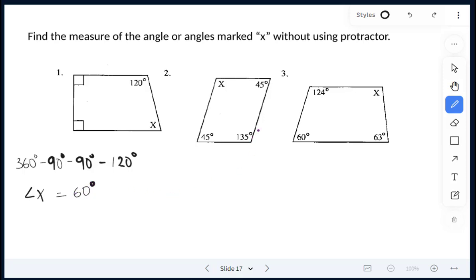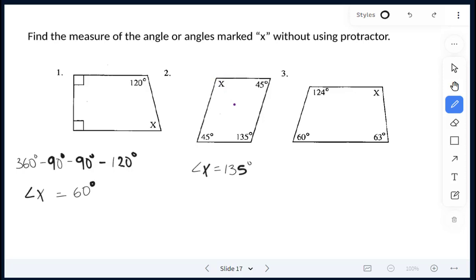Okay, in this example, it looks like a parallelogram. We know that opposite angles are going to be congruent. So 45 degrees, 45 degrees, so 135 and 135. So we can say X is equal to 135 degrees, but we can still use the theory, what I said before.